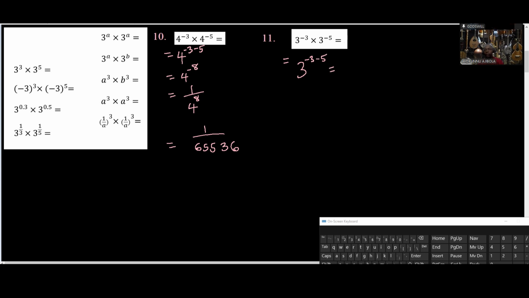And this is going to be 3 raised to power minus 8, which is 1 over 3 raised to power 8. So right now, I can say 1 over whatever 3 raised to power 8 gives me. If I want to get 3 raised to power 8, that is 3 in 8 places, okay? And this will be 6,561. Then the next one, number 12.